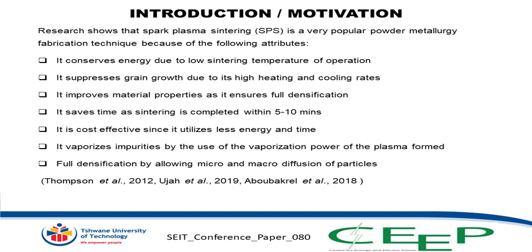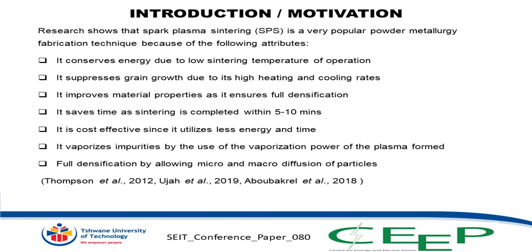Research shows that spark plasma sintering is a very popular powder metallurgy fabrication technique because of the following attributes attached to it. It conserves energy due to low sintering temperature of operation. It suppresses grain growth due to its high heating and cooling rates. It improves material properties as it ensures full densification of the material developed.